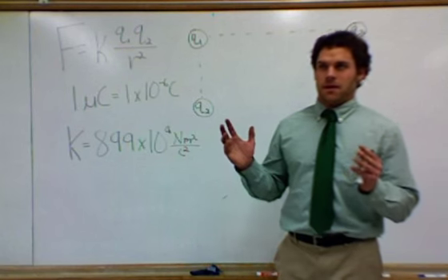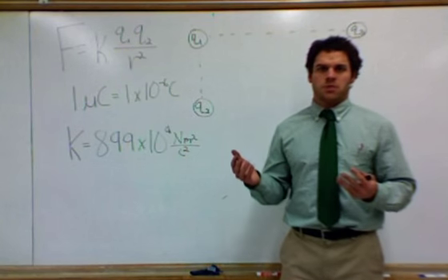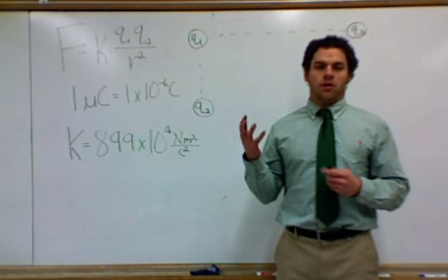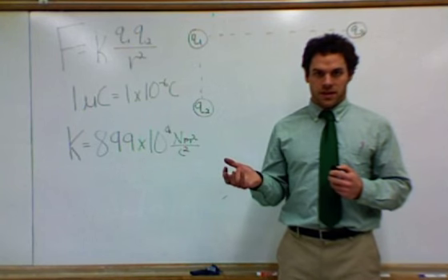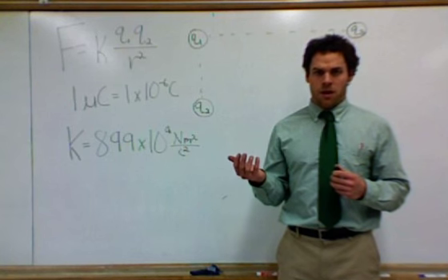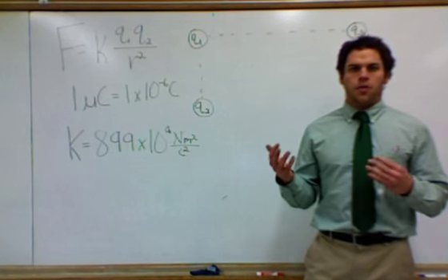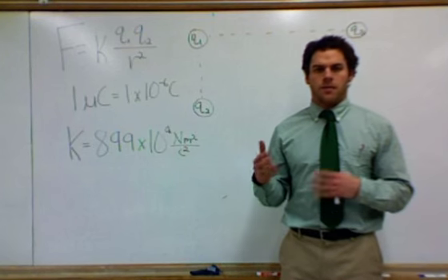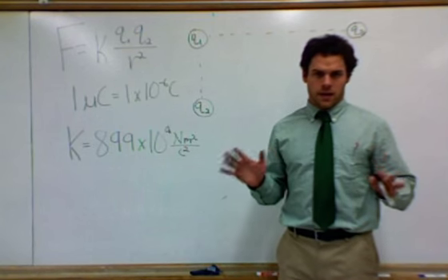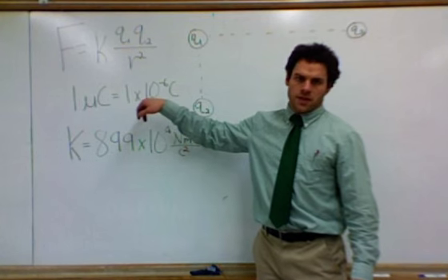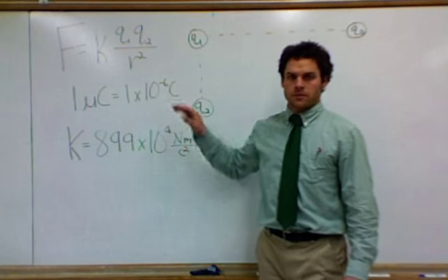A small amount of charge, a microcoulomb, is a much more applicable amount to deal with in this situation. We'll actually look at how much charge is put on a balloon at one time, but we'll go through that during class. So 1 microcoulomb is equal to 1 times 10 to the negative 6 coulombs.